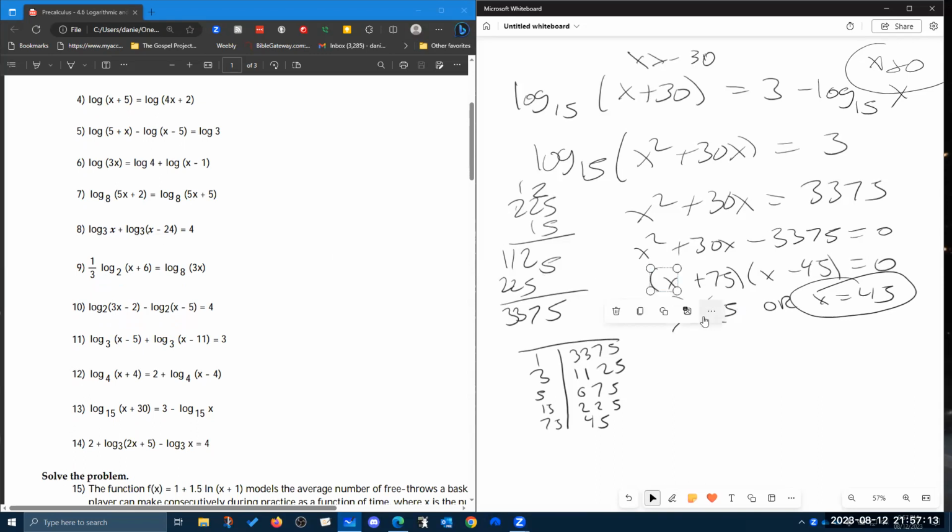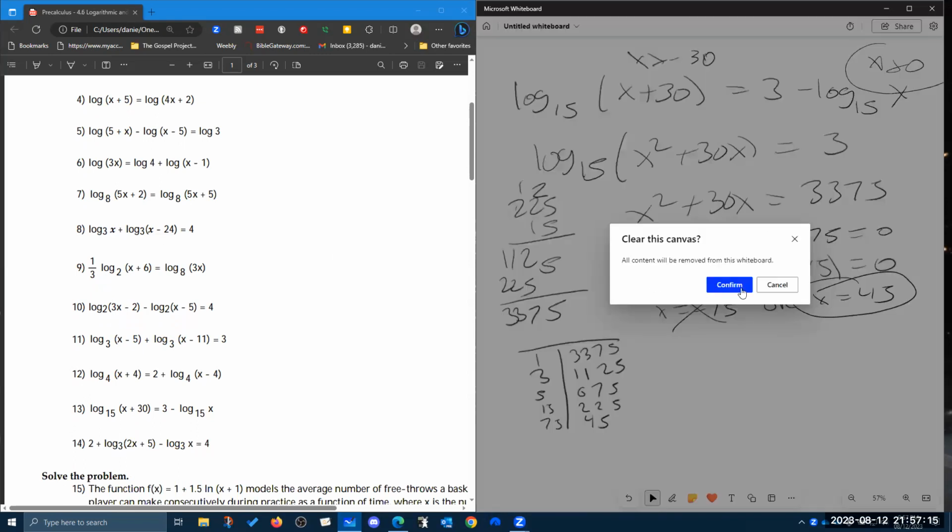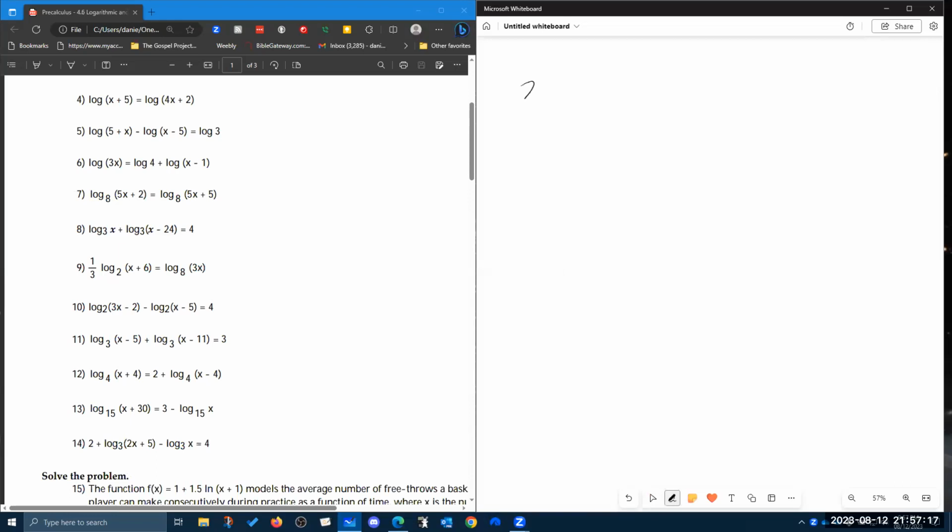And then one more here. 2 plus log base 3 of 2x plus 5 minus log base 3 of x equals 4. So I'm going to subtract 2 from both sides.